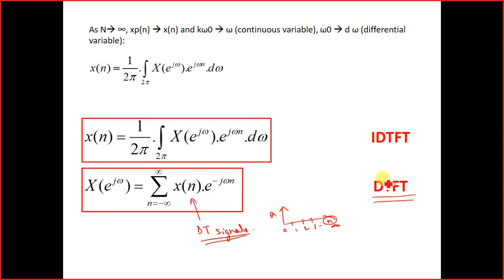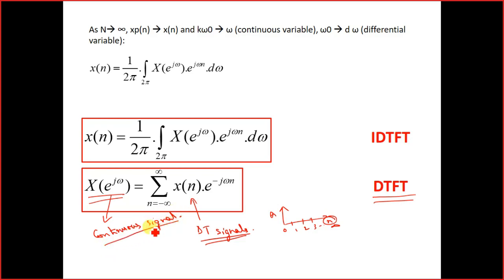But when we come to the frequency axis, the frequency component is a continuous signal.